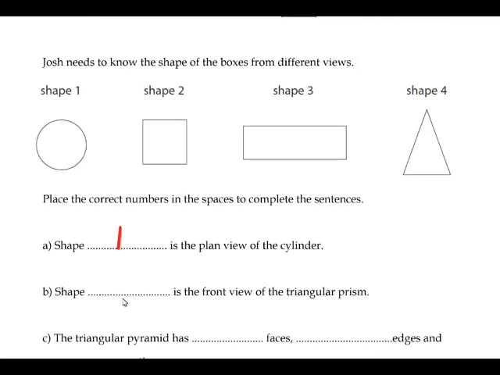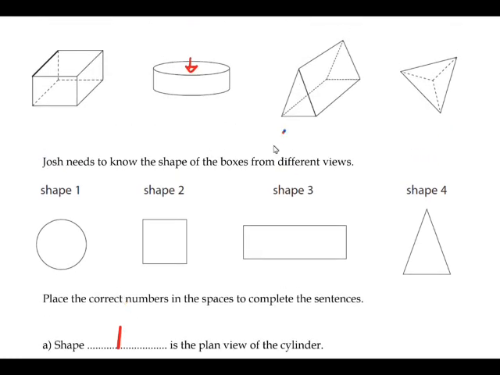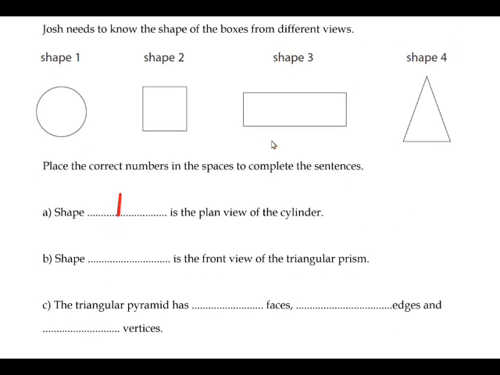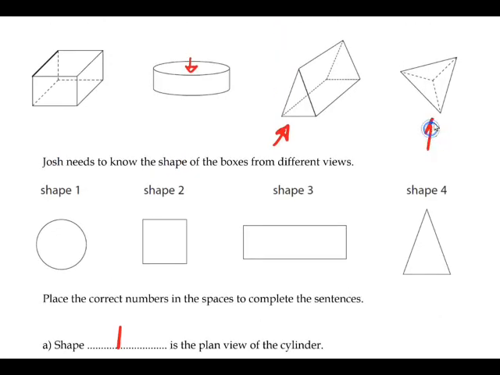For part B, shape, whichever, is the front view of the triangular prism. So the front view of the triangular prism is the triangle. So that's shape 4. The triangular pyramid has how many faces, edges, and vertices? So this is our triangular pyramid. So it's got 1, 2, 3, 4 faces.